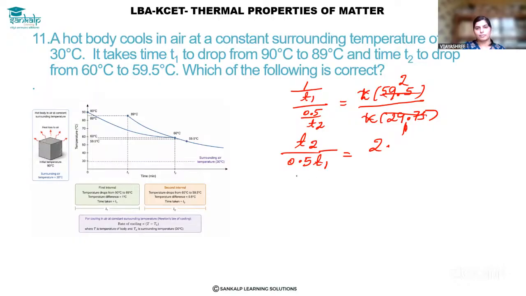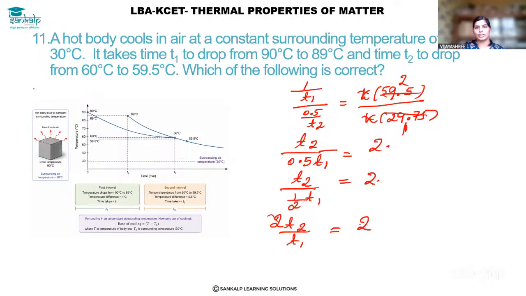So now 0.5 can be written as 1 by 2, which is T2 by 1 by 2 times T1 equal to 2, or T2 by T1, the 2 goes on top. So 2 T2 by T1 equal to 2, right?